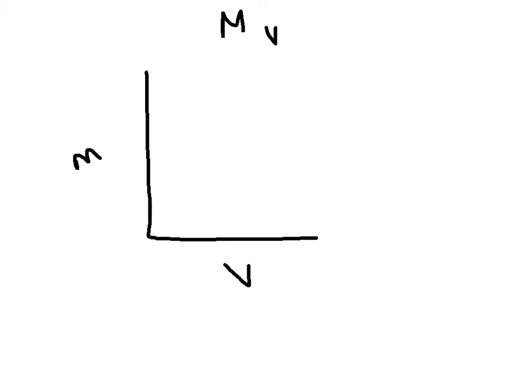Now also, when we look at density, a graph of mass versus volume, and we would title this graph mass versus volume, a substance that has a density of 1 would have a slope that looks like this.